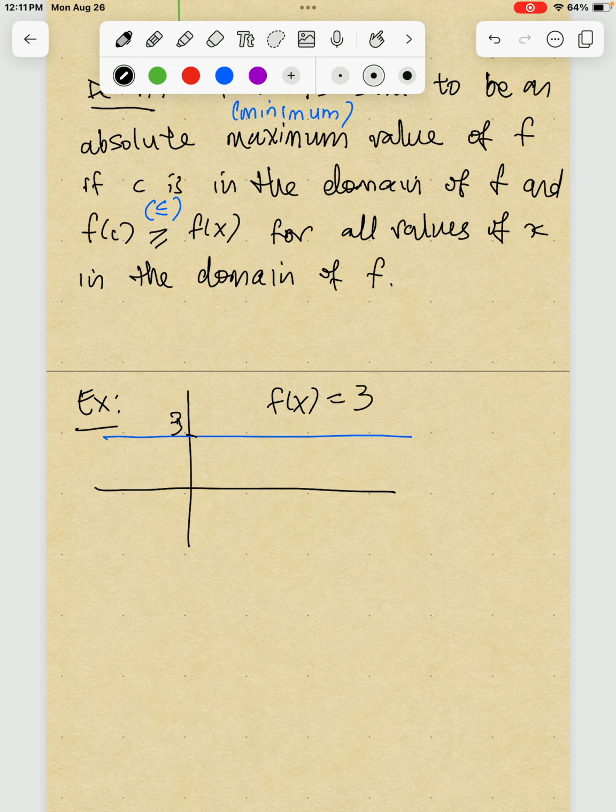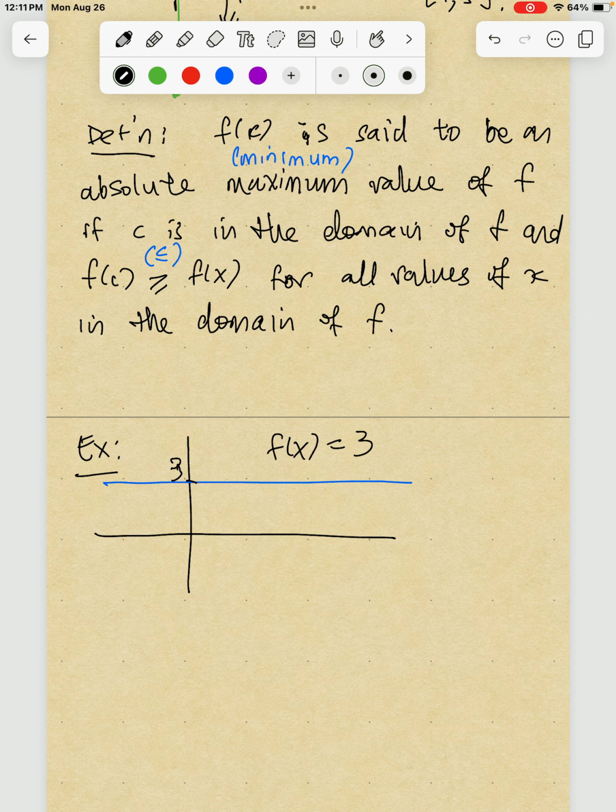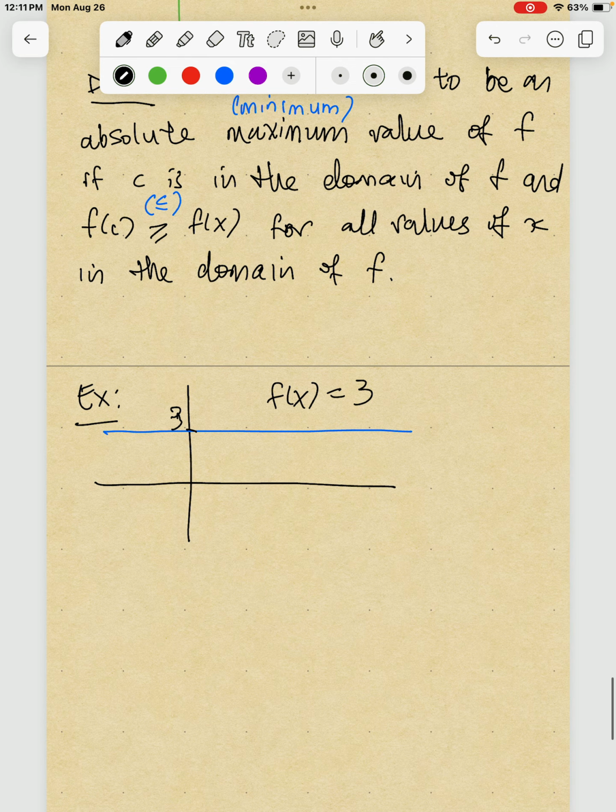But look at the definition that we're using. A number is an absolute maximum value if f of c is greater than or equal to f of x. So it doesn't have to be bigger than all the other y values. It just has to be bigger than or equal to all the other y values. And 3 is, in fact, bigger than or equal to all the other y values because it's equal to all the y values.